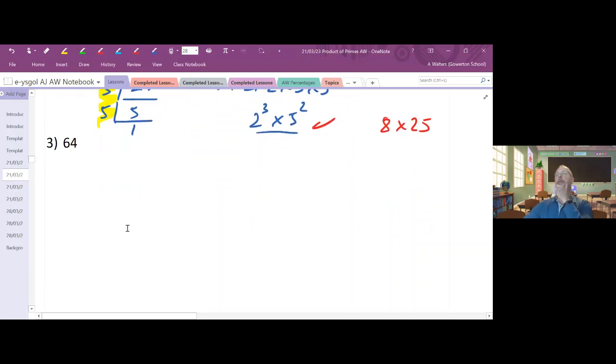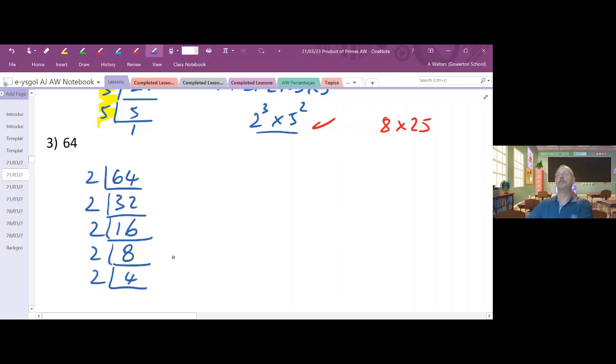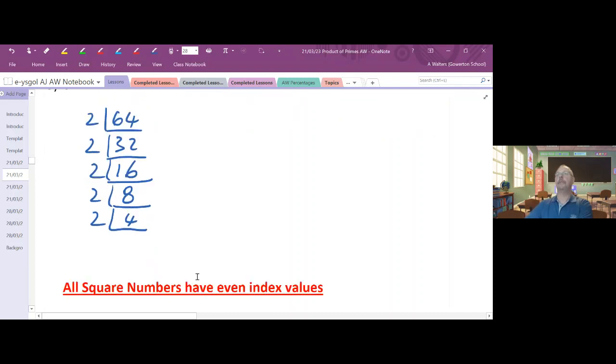Okay, the next value is 64. So you can divide it by 2, and divide that by 2, and keep dividing by 2.